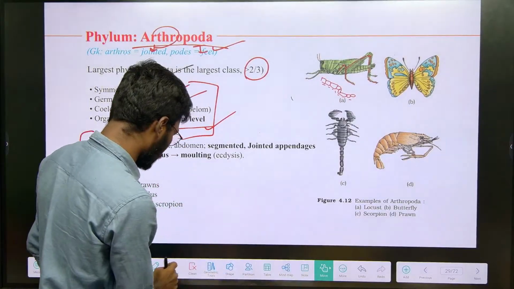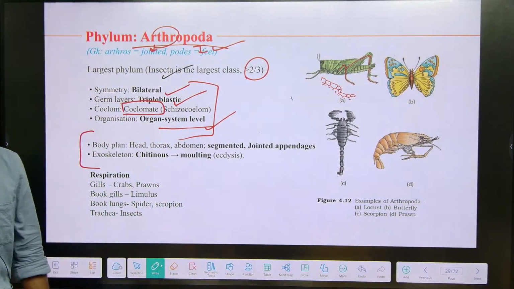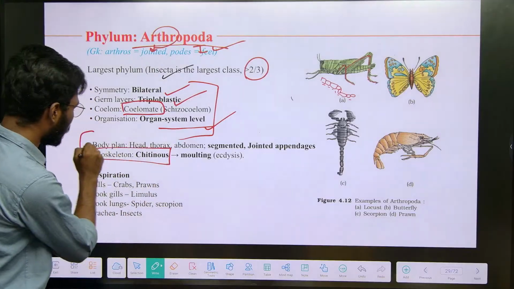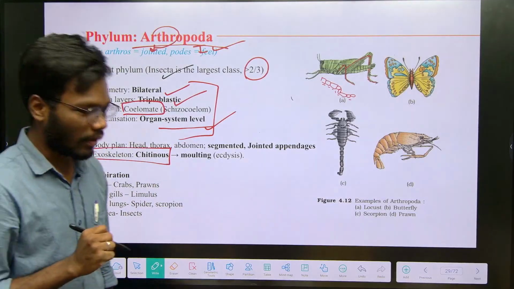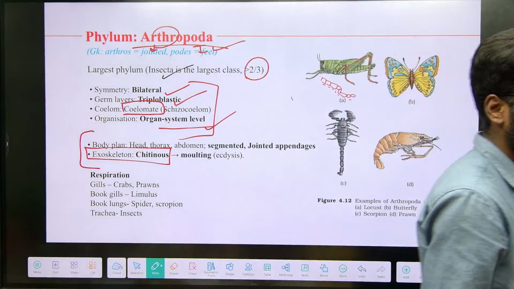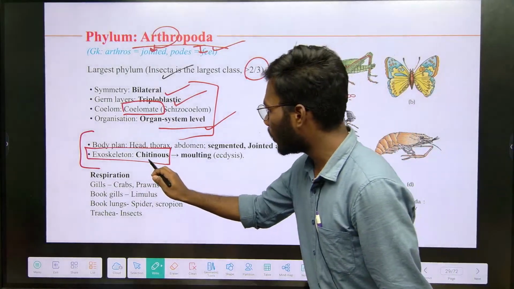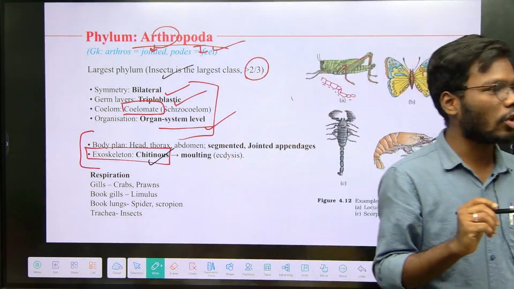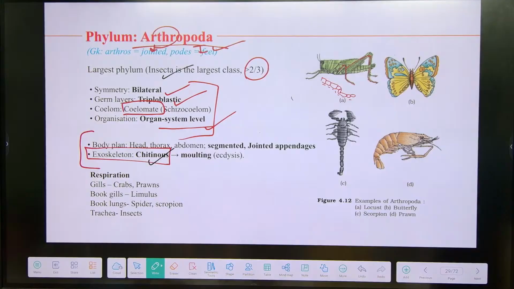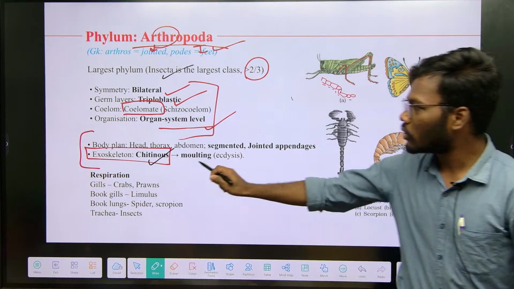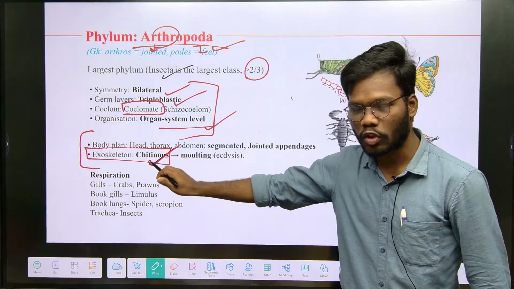Also, the most important thing is that these animals have a chitinous exoskeleton. The exoskeleton is made up of chitin, so you have to remember this. Because of this, arthropods have survived for more years, from evolution until now. Why? Because the exoskeleton is made of chitin and is very strong.